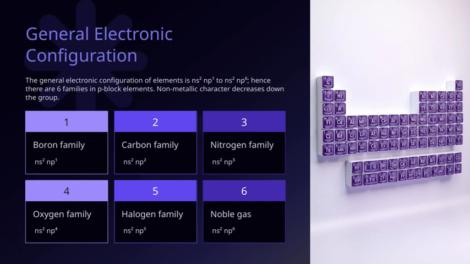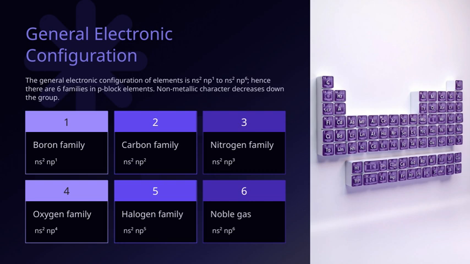The oxygen family, with ns2np4 configurations, contains 6 electrons in the outer shell and includes elements like oxygen and sulfur. Then we have the carbon family, with ns2np2 configurations, featuring 4 electrons in the outer shell. This family is central to organic chemistry.